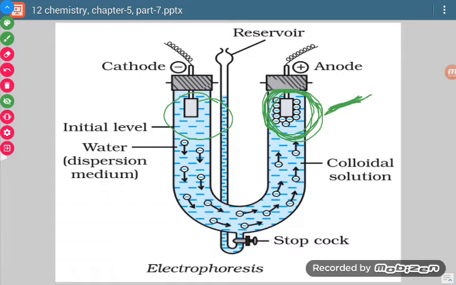So from this migration we will come to know what is the charge on the colloidal sol particles. If we don't know the charge on a colloidal sol particle, then by the process of electrophoresis we can determine the charge on a particular colloidal sol.